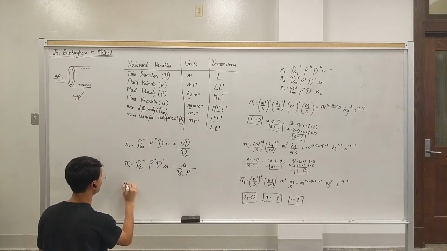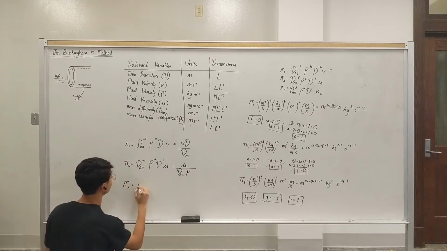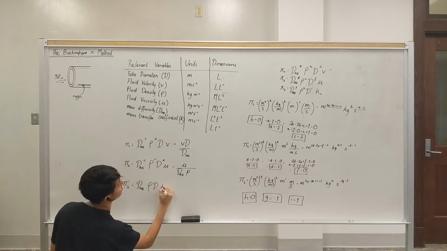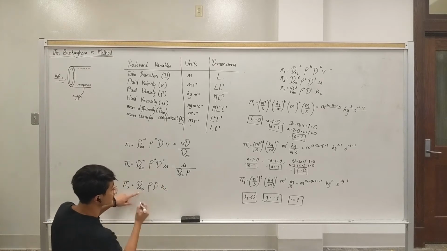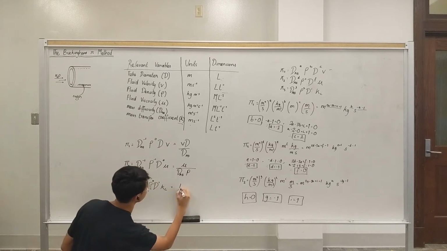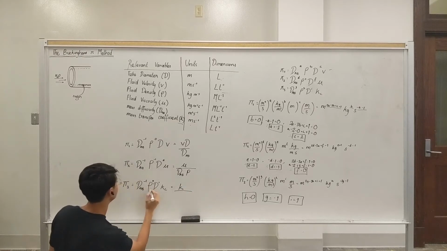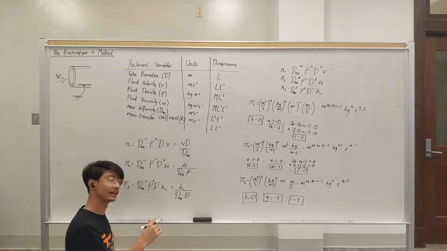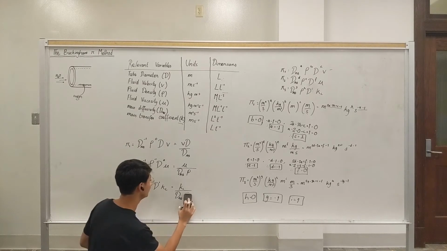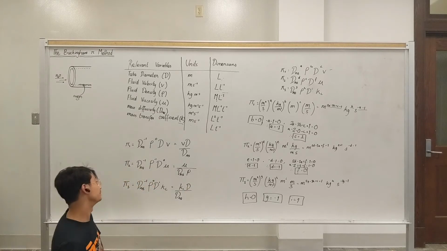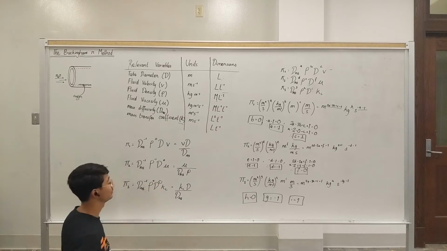And finally, our third dimensionless group, so this is going to be raised to the power of -1, density to the power of 0, and diameter to 1. So that is Kc divided by dAb times density. Looks like I made a little mistake here, so diameter should actually be in the numerator for our third dimensionless group because diameter has a power of 1.